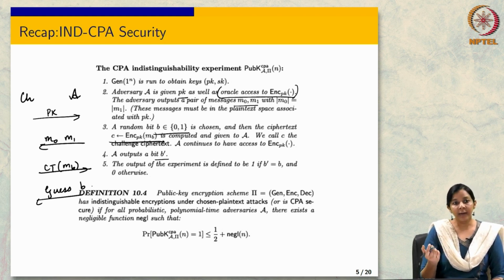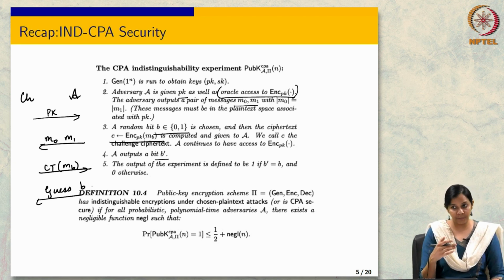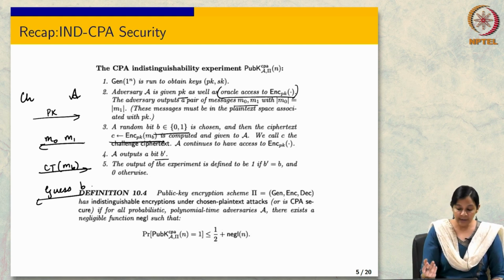If I know M0 and M1 and my scheme is deterministic, I can compute the ciphertexts myself and check what the ciphertext I received corresponds to. So for any deterministic scheme, this definition cannot be satisfied; it is trivially broken.